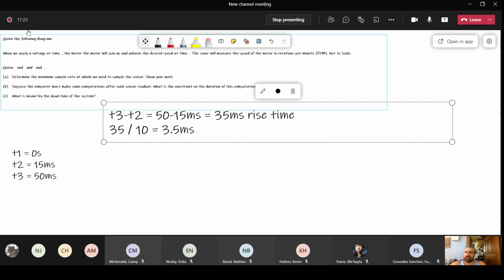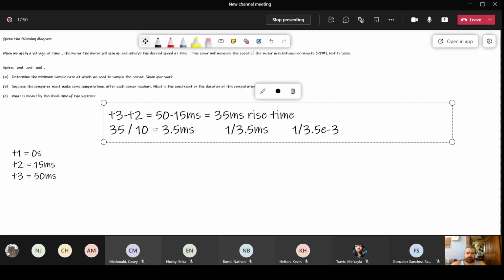But it says sample rate, so that should be in hertz, or 1 divided by 3.5 milliseconds, which is 1 divided by 3.5 times 10 to the negative third seconds, which in hertz is, where's my calculator?